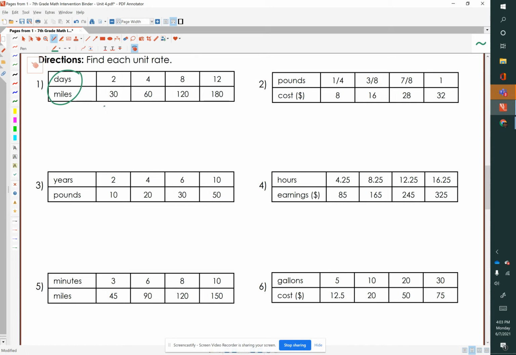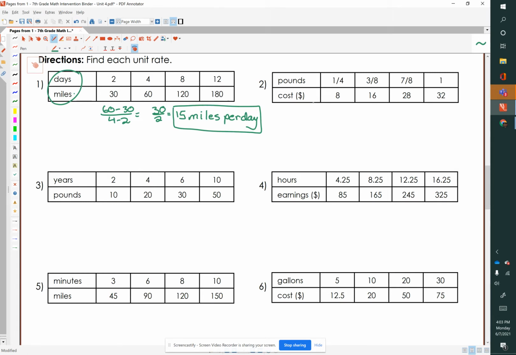So let's use 60 minus 30 divided by 4 minus 2, which is 30 divided by 2, which equals 15, and that would be 15 miles in one day. Remember, we're using that per language there, meaning each.